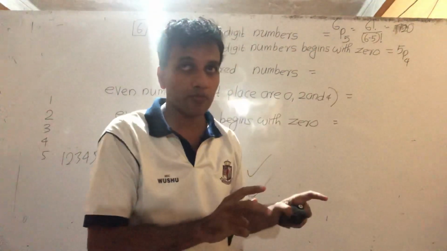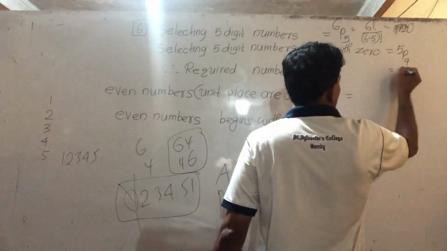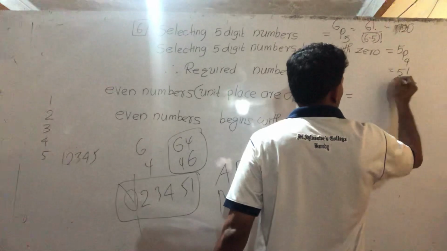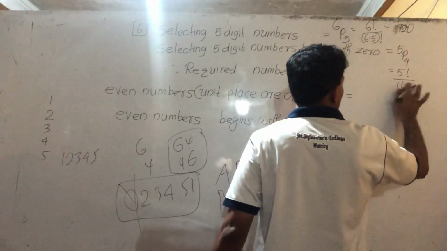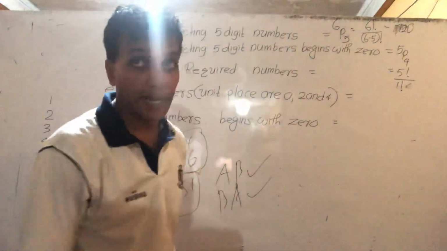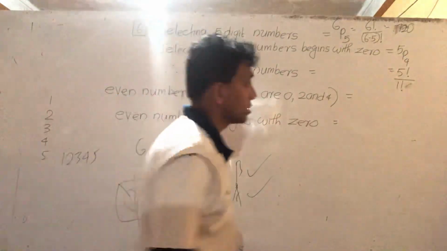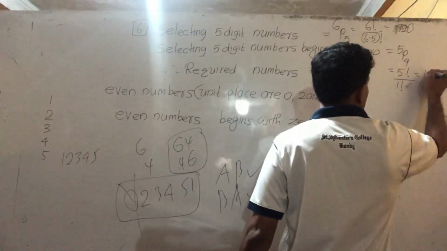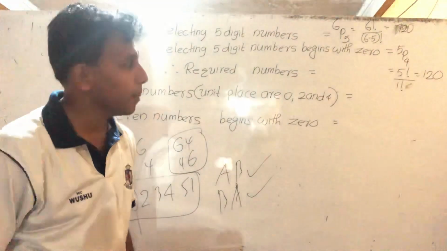That's the idea, right? So what is 5P4? Factorial 5 over 5 minus 4, that is 1. It's nPr, don't misuse nCr. Simplify, the answer comes 120. 5 into 4 into 3 and so on, simplified, 120.